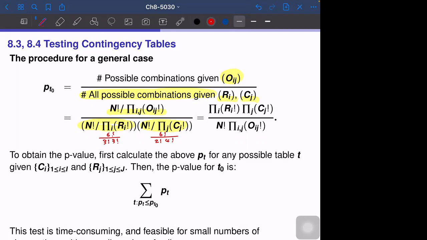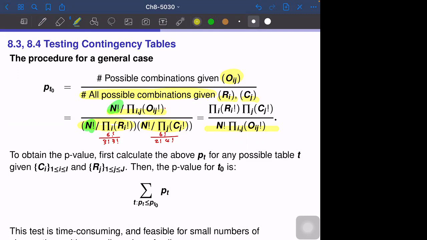And the numerator is just all possible combinations, as we demonstrated on the previous page. If we cancel several terms, for example, the n factorial is here and here, so we can cancel it, then we can simplify it to this expression. So this is the formula to calculate the probability of a specific table, T0.